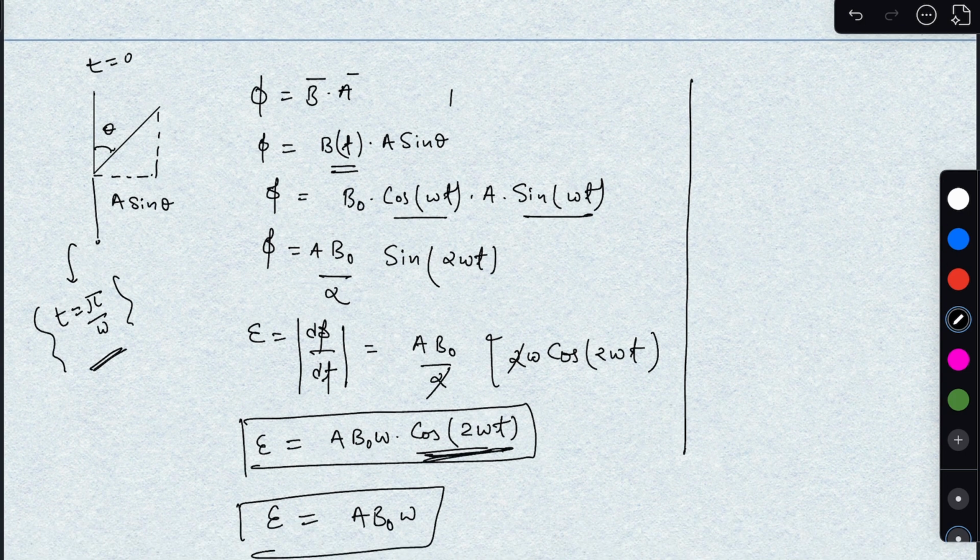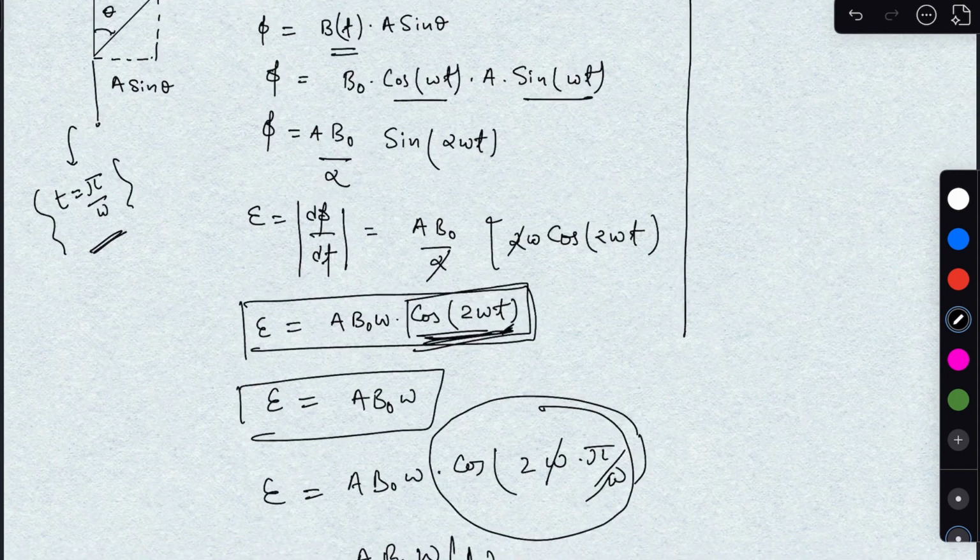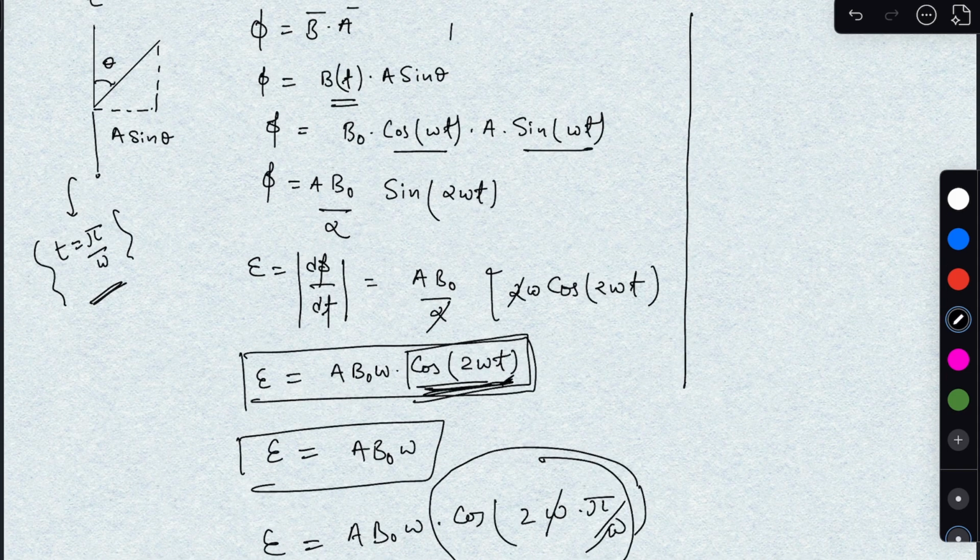At t equals pi by omega, we get A B naught omega times cos 2 omega times pi by omega, which is basically cos 2 pi, which is again 1. So we get EMF equal to A B naught omega times 1. It means the EMF completes one complete cycle in half a cycle of the rotation.